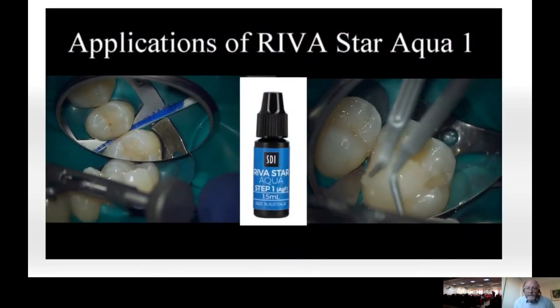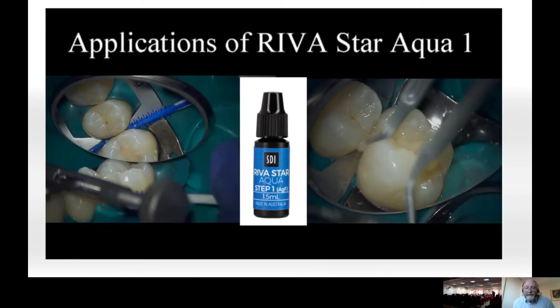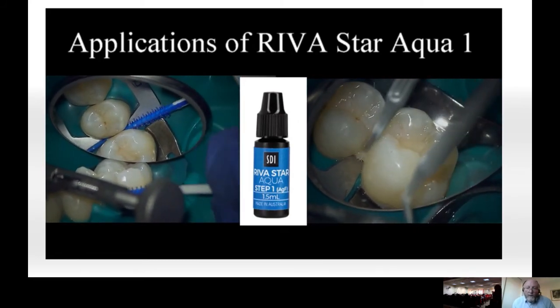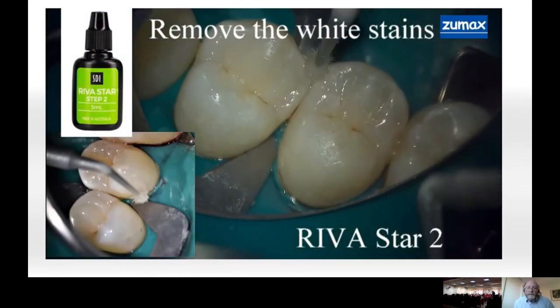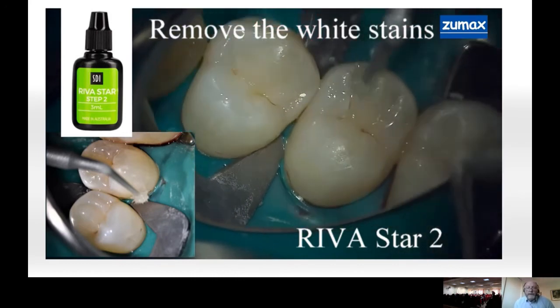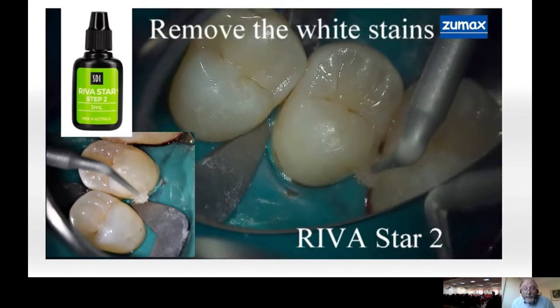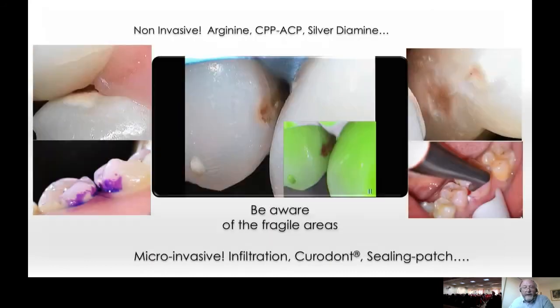We can use an interdental brush, and we completely embed all the surface with silver diamine, and then we use a solution of potassium iodide to reduce the staining given by the first solution. And then we have completely protected this area, this first step of proximal caries.